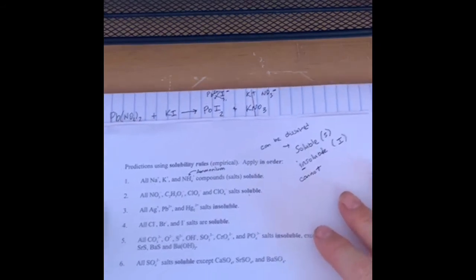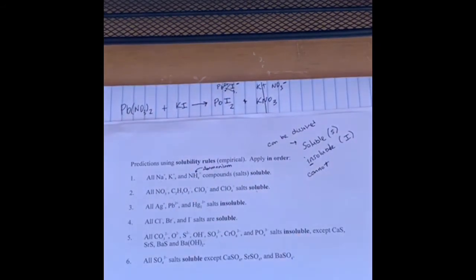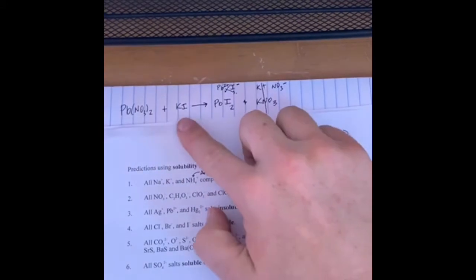Now, here's the question, though. We know that we formed a solid because we actually did the real experiment. So because we formed a solid, we should be able to look at our solubility rules and determine what solid it is. So here's our solubility rules. Pb(NO3)2 plus KI.